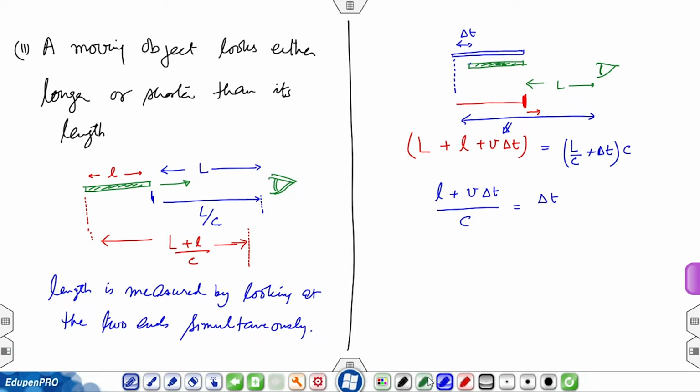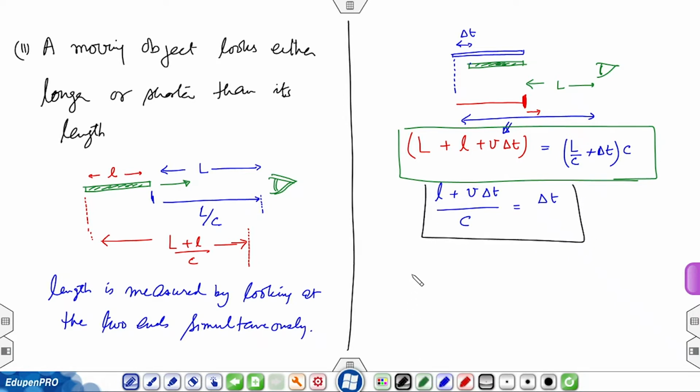Both these equations, whether I look at the first equation or the second equation, give me delta t equals (L over c) divided by (1 minus v over c). That means, if the light left a little earlier, it will reach my eyes simultaneously.